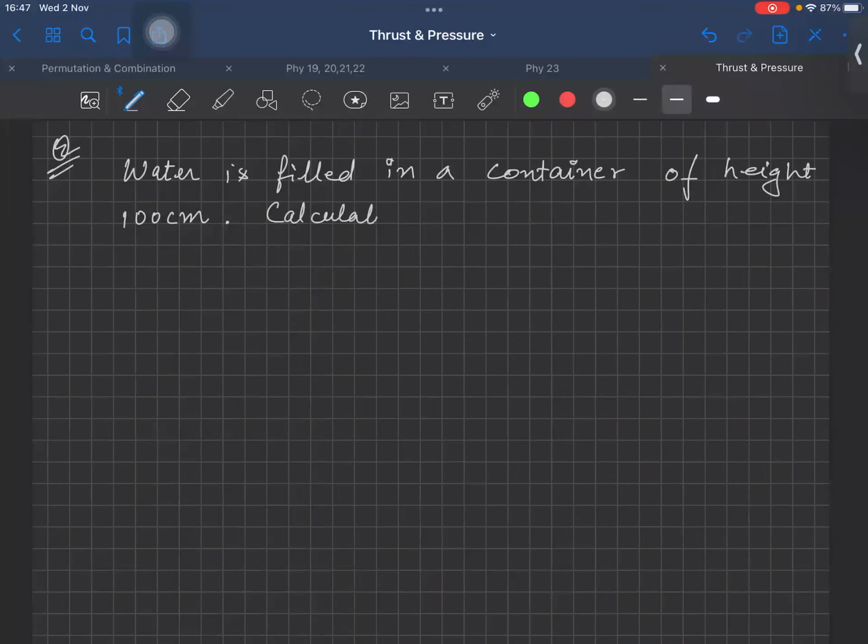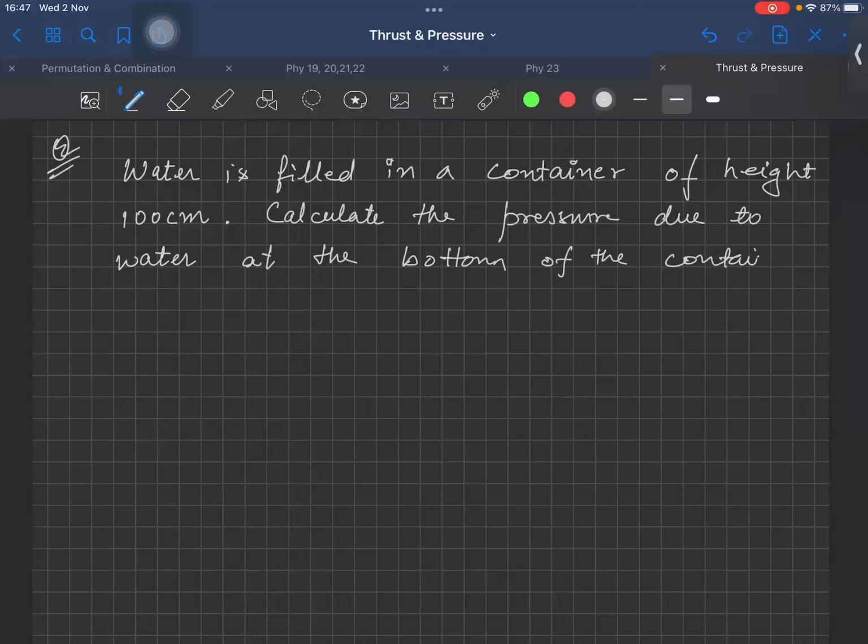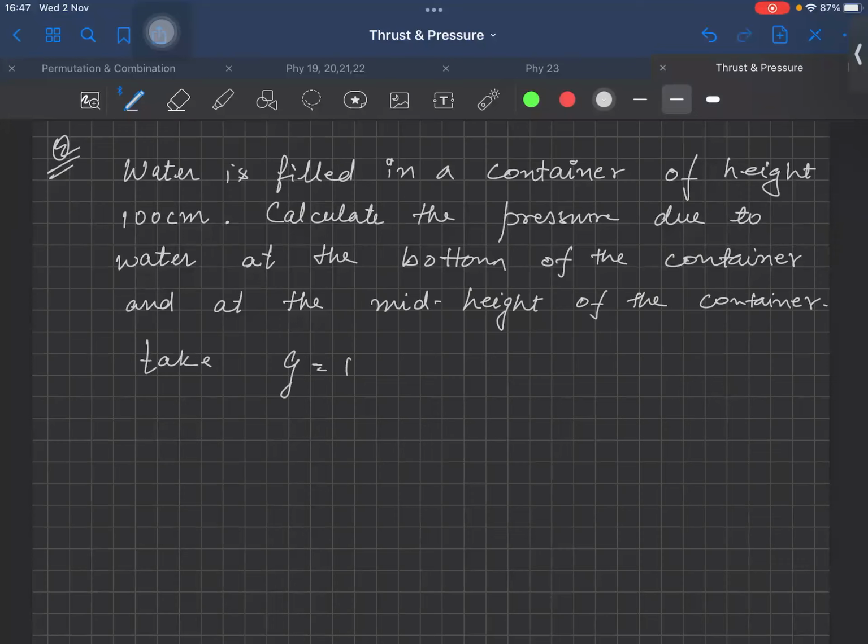Calculate the pressure due to water at the bottom of the container and at the mid height of the container. Take G equal to 10 meter per second square and density of water as 1000 kg per meter cube. Find it.